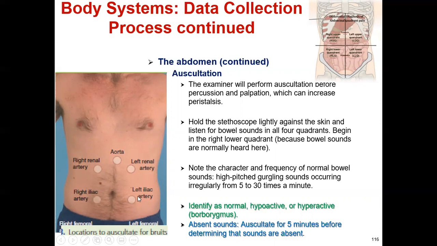Then we go to the left lower quadrant, left upper quadrant, right upper quadrant, and back to where we started.